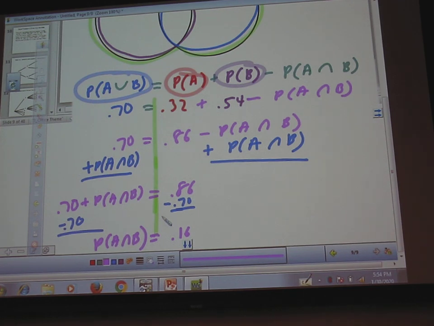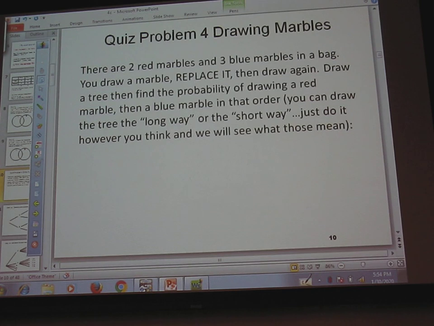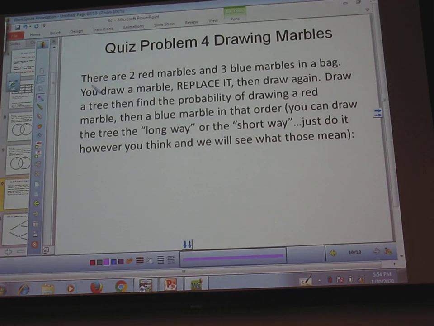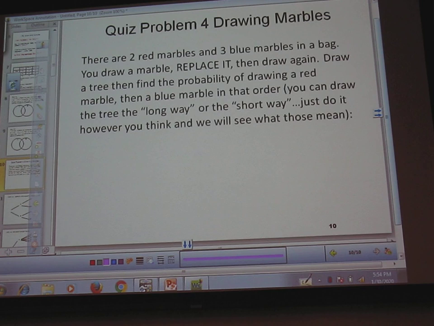Does that make sense? Kind of. You just did it that way, which will always work. It's just not a formula you guys know that you can start with.